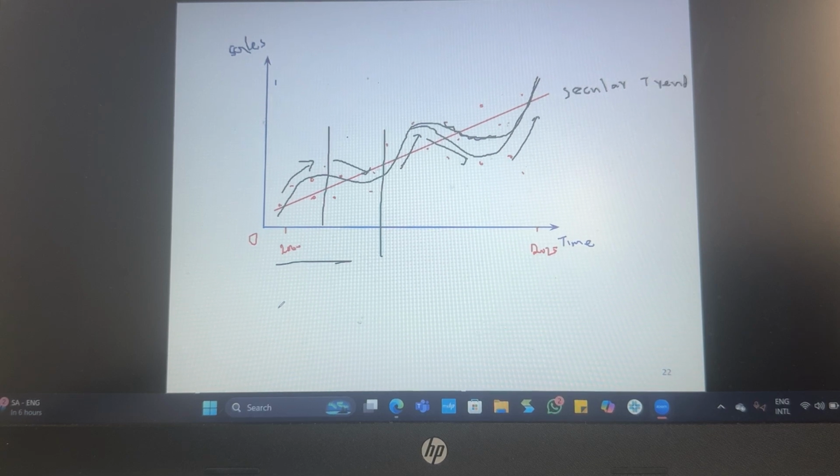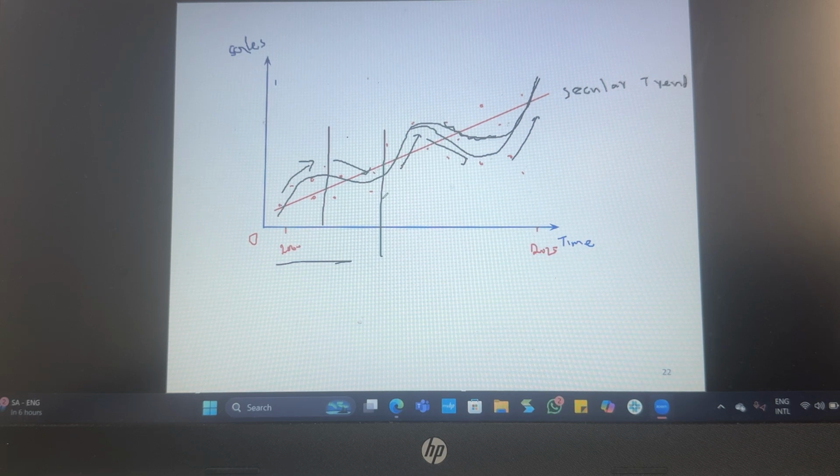If some kind of fluctuation happens in the US economy, because it is a big economy, it can make an impact on the rest of the world's economies as well, because of the volume and all these things. So this ups and downs at a regular time interval is called business cycle or cyclical fluctuation.